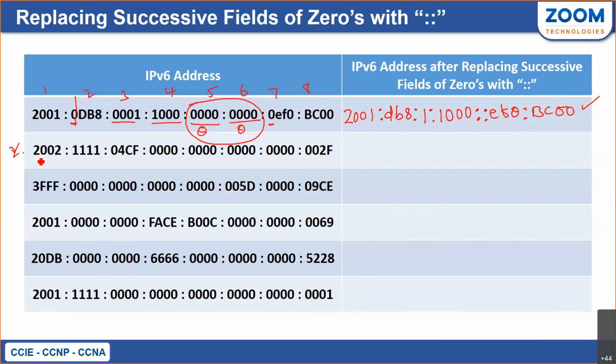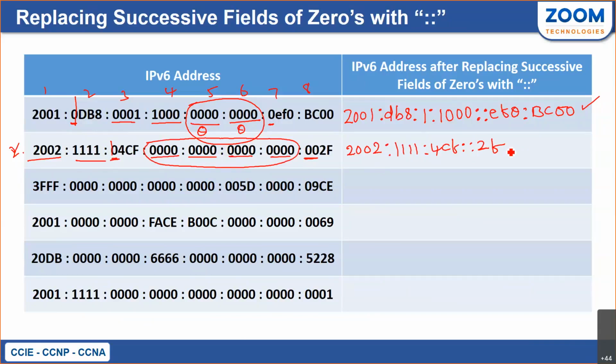So first field, no changes, as is: 2002 colon. Second field also no changes: 1111 colon. Third field, leading 0 omitted, that is 4CF. Then 4 successive zero fields, and the rest we can represent with a double colon, and leading zeros omitted, so 2F.